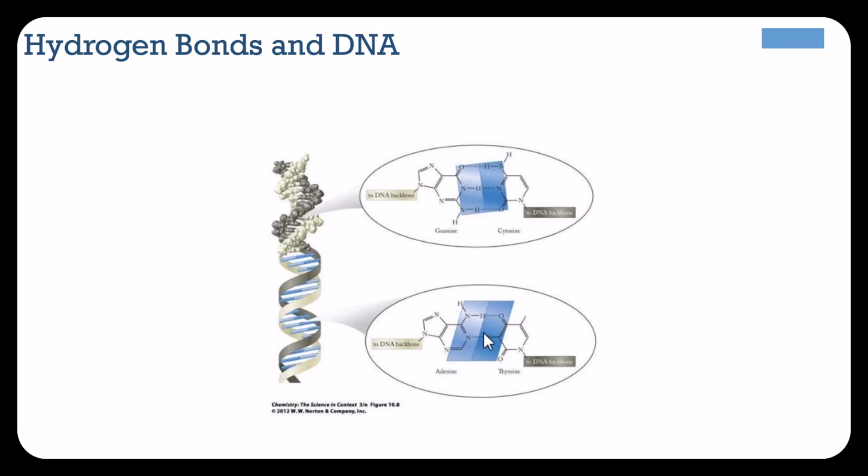But that's not it. It's also weak enough to allow those 2 strands to unzip. If these were covalent bonds holding the 2 strands together, we wouldn't have enough energy to break those covalent bonds to unzip it. That would just cost too much energy. Replication wouldn't happen. But because hydrogen bonds are intermolecular forces, right? It's just an attraction.